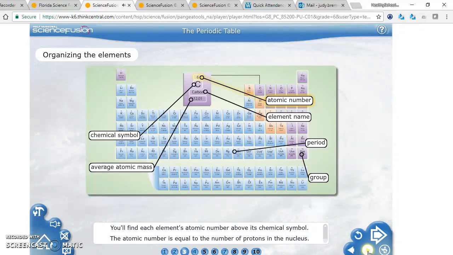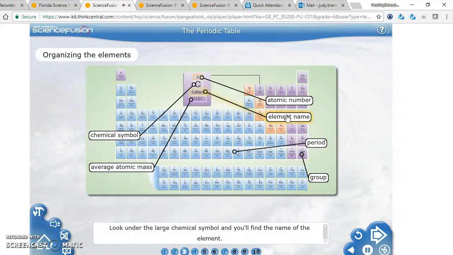Atomic number. Remember that the atomic number is equal to the number of protons in the nucleus. Look under the large chemical symbol and you will find the name of the element.